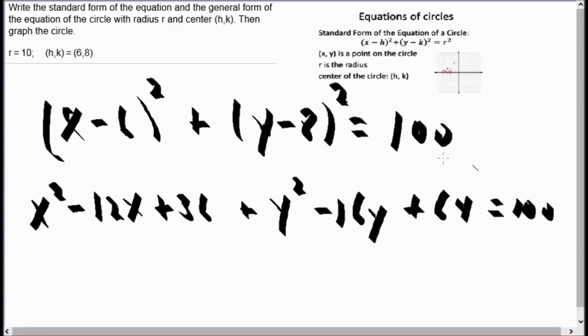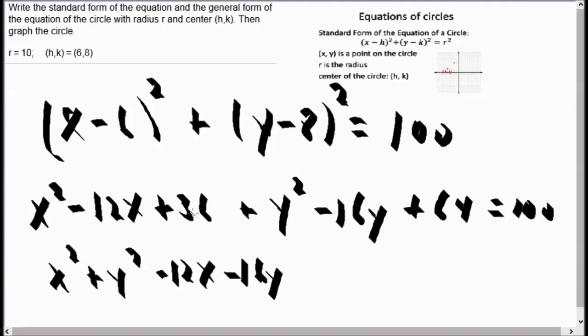That's just using the FOIL method on those. And then we just put it in the order of this: x squared plus y squared minus 12x minus 16y. And notice that's plus 36 and 64, which is 100, and equal to 100. They'll cancel, so it'll just be 0. And we're done. There's the general form right there.